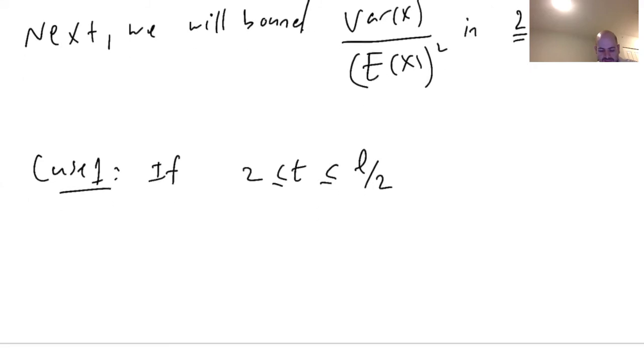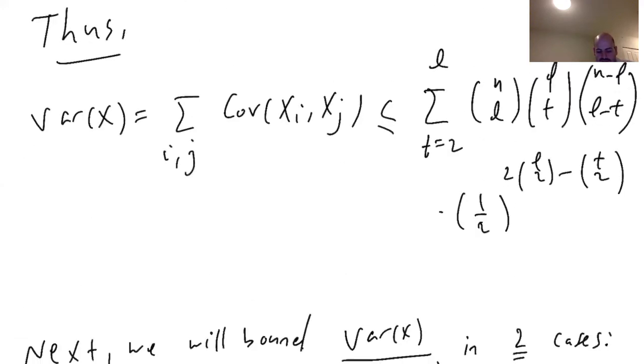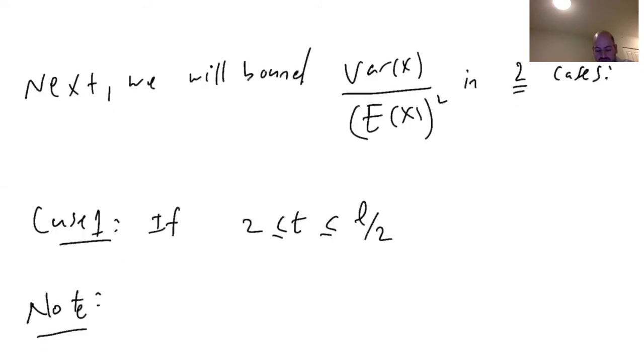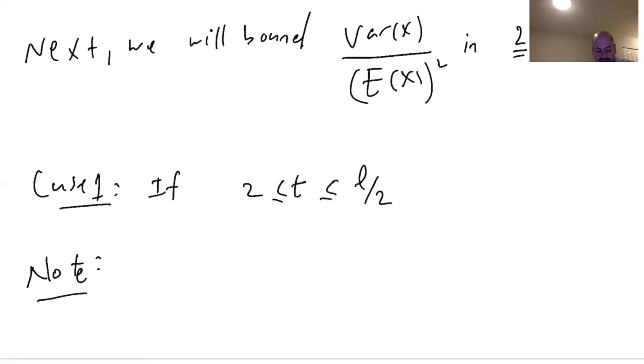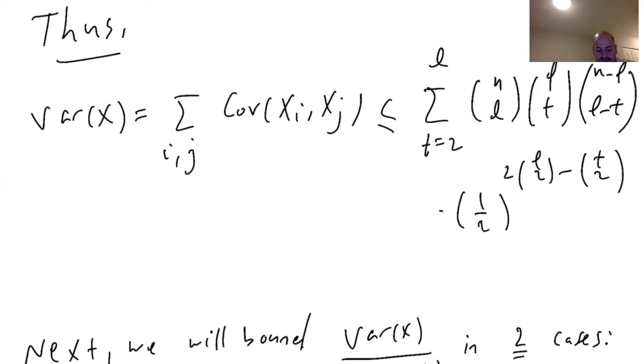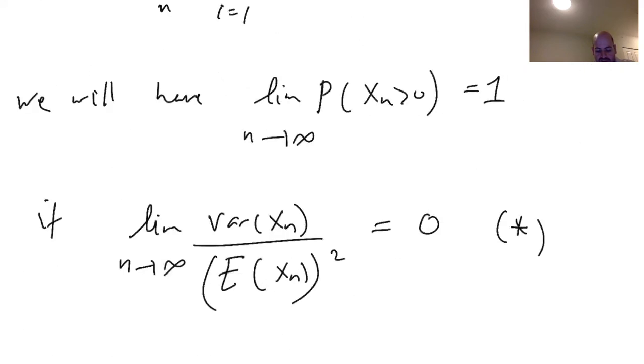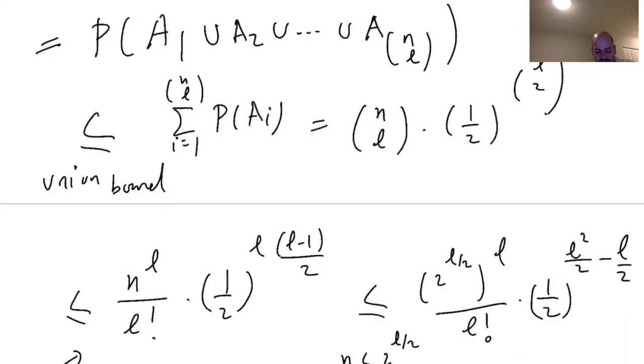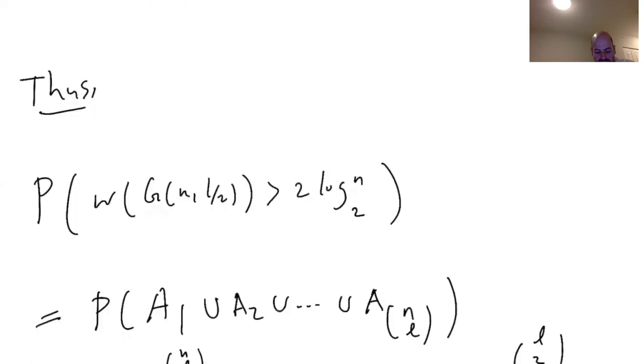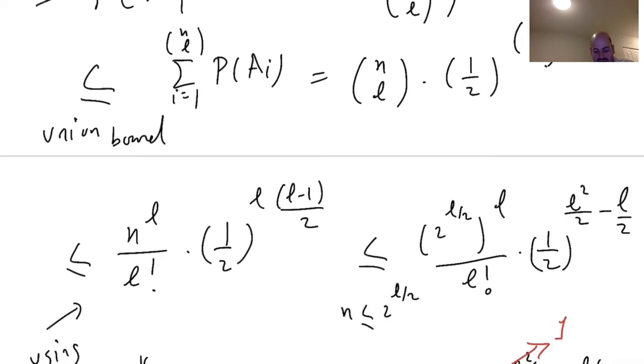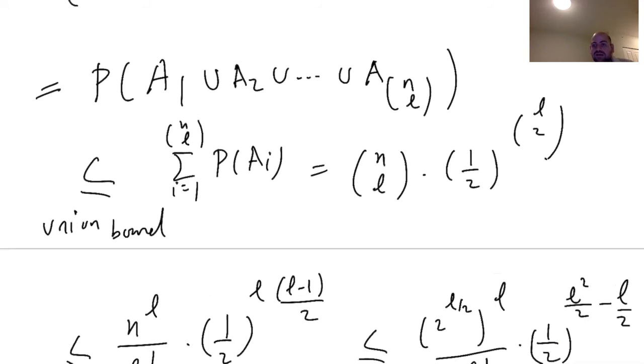Okay, first of all, please remember that this sum here is the bound for variance of X. Now I have to divide this by E of X squared. Now what is E of X? We already calculated E of X in the previous theorem, where we calculated sigma p_i.